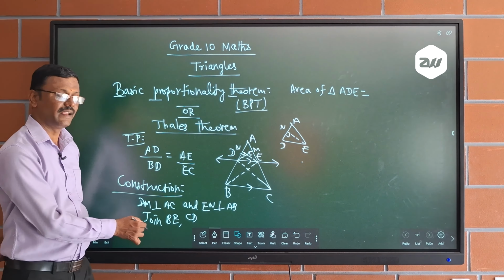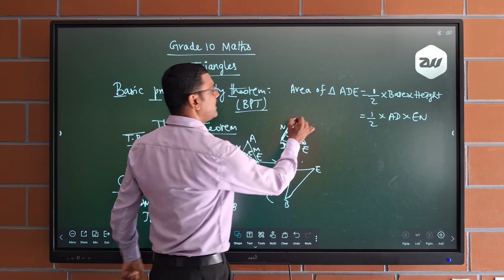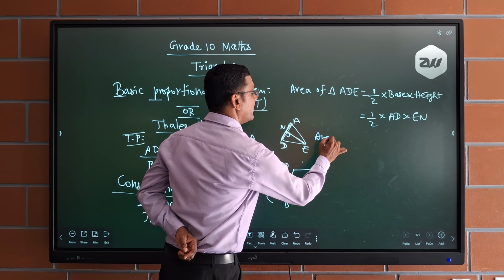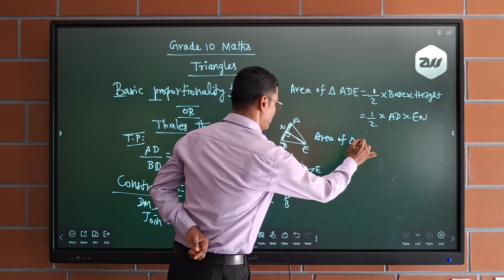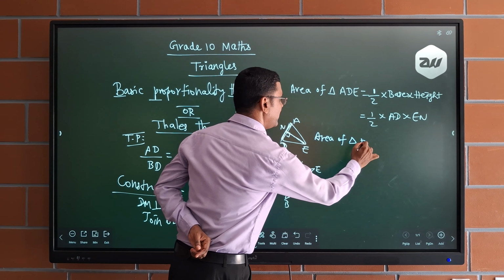Similarly, next I take the triangle BDE. Look at the triangle BDE. I take it separately for your easy understanding. From this diagram I take BDE. I am going to find the area of triangle BDE. Here I consider BD as the base, and what is the height? It is an obtuse angle triangle, so it has an angle of more than 90 degrees.